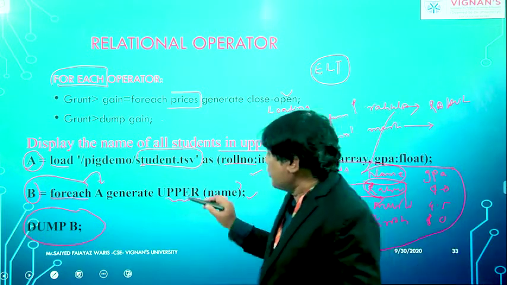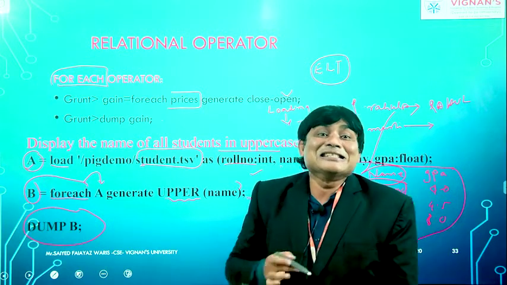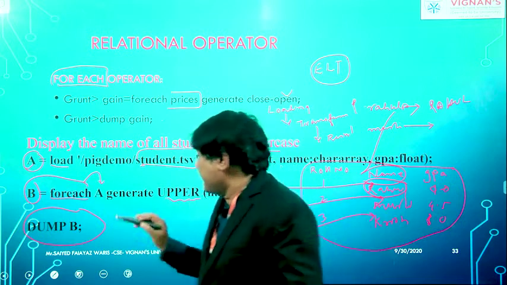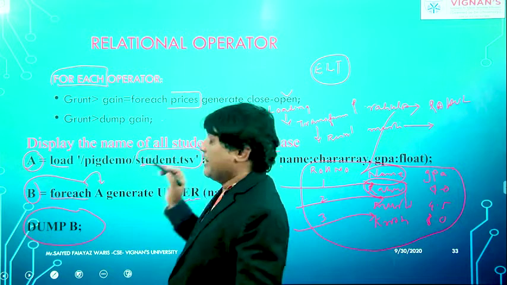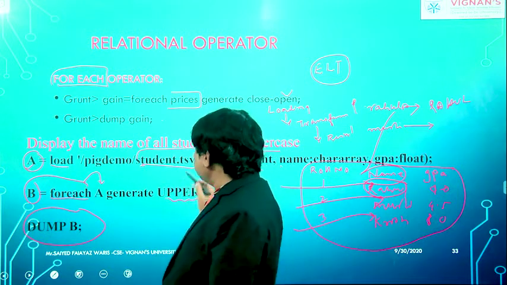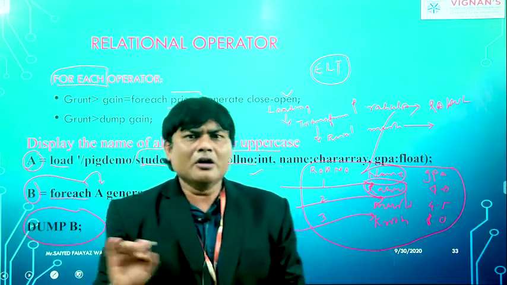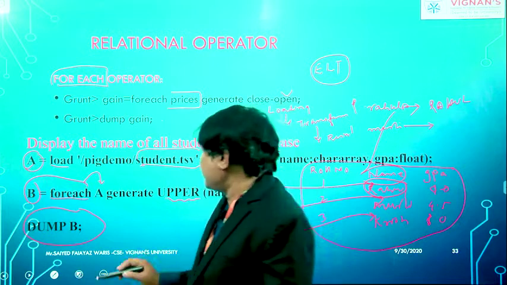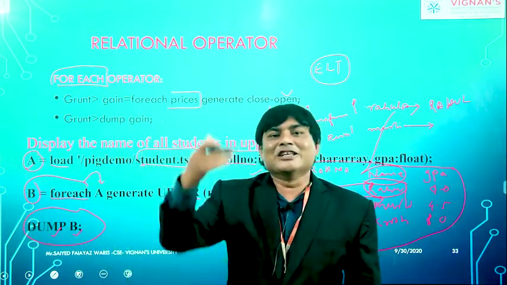So when you're going to fire the statement, when you're going to do the processing, when you're going to see the results, what statement am I going to write? DUMP B. It means whatever transformation you made, and the result of the transformation which you kept in B, I want to see on the screen. That's all. If you want to see on the screen, we have to give DUMP and B. If you give DUMP B, immediately you see the result.